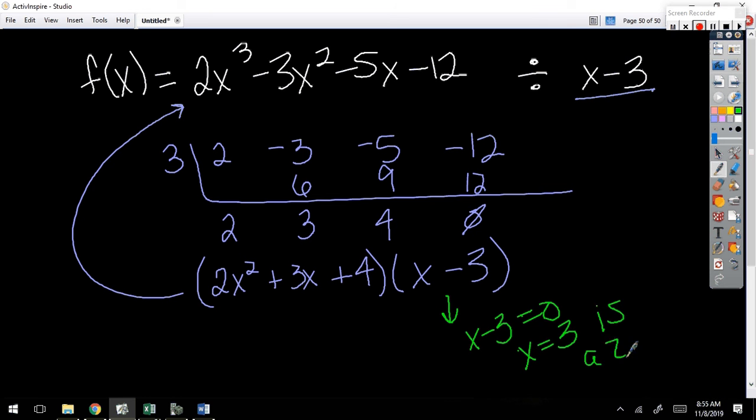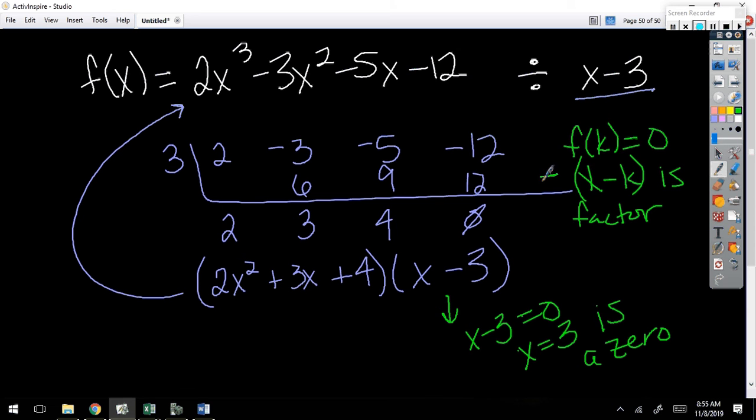is a 0, okay? This comes back to another theorem. We said that if f of k equals 0, then x minus k is a factor.